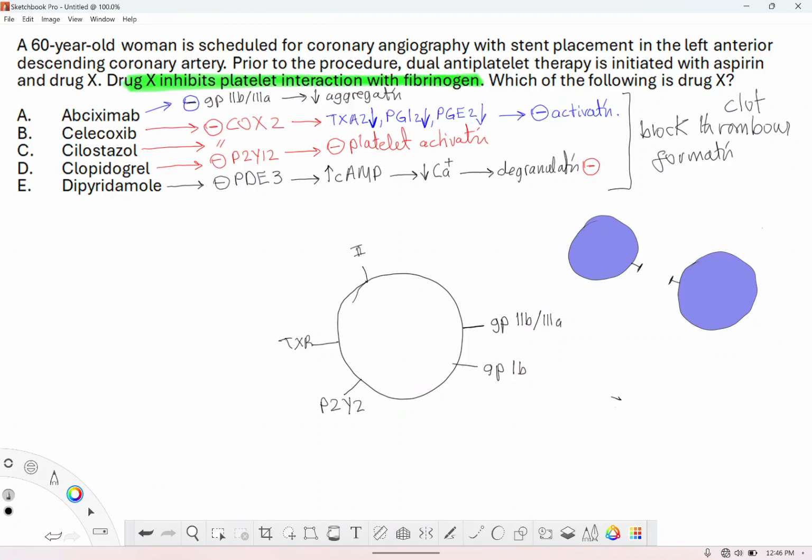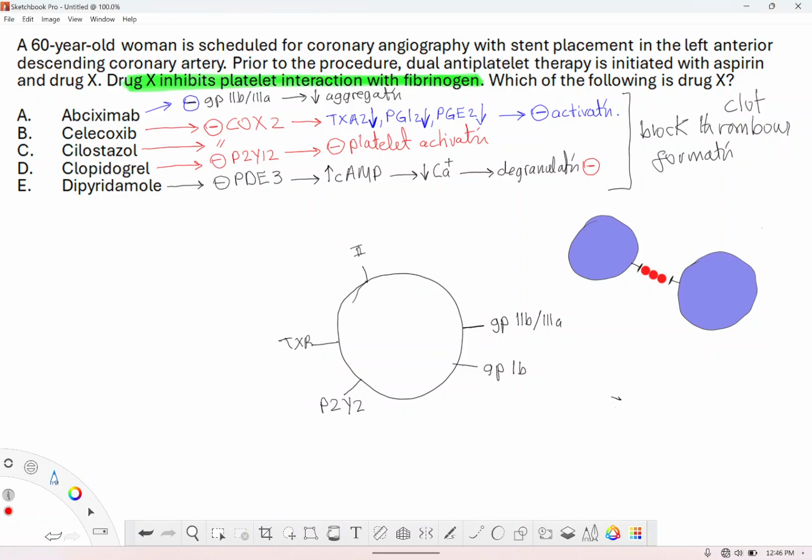Okay, guess what? This glycoprotein binds something called fibrinogen. So let's say fibrinogen is red. It binds fibrinogen. And this fibrinogen links the 2 platelets through glycoprotein 2b3a. This is called platelet aggregation.